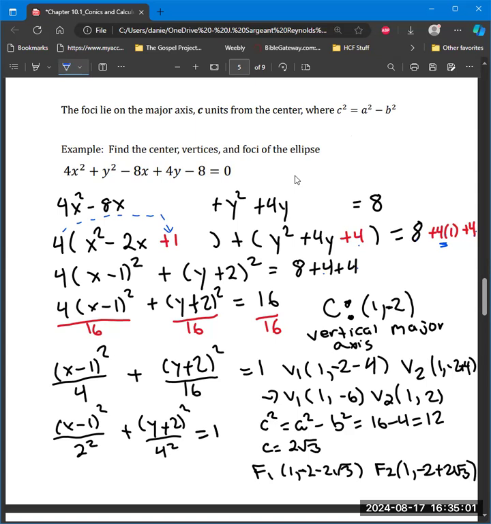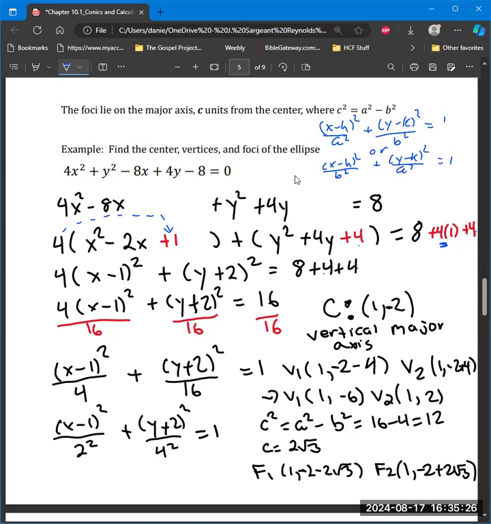If you remember from my general form here, I need x minus h squared over a squared plus y minus k squared over b squared is equal to 1, or I need x minus h squared over b squared plus y minus k squared over a squared is equal to 1.